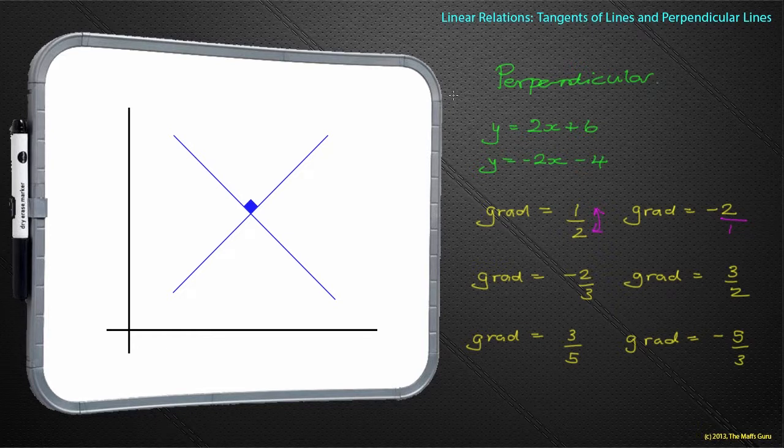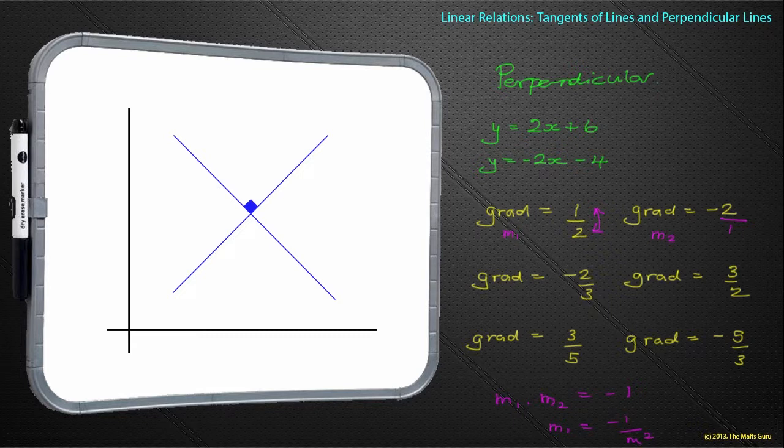But how do we say that in terms of a formula? Well, if we call this gradient m1 and we call these gradients m2, then what most textbooks say is that the definition of perpendicular lines is m1 multiplied by m2 equals minus 1, or m1 is equal to minus 1 over m2.